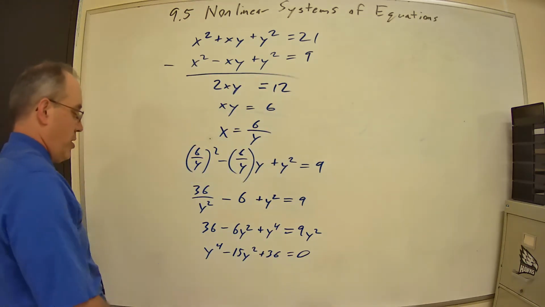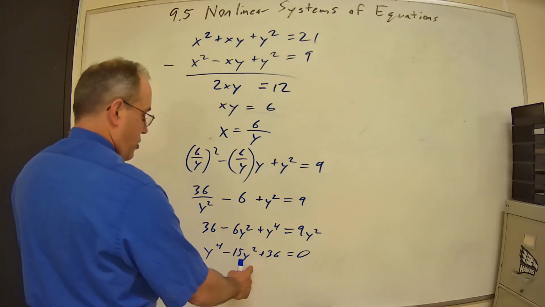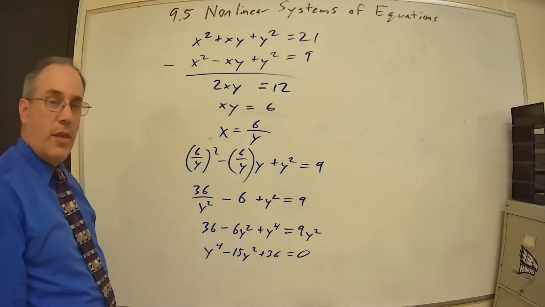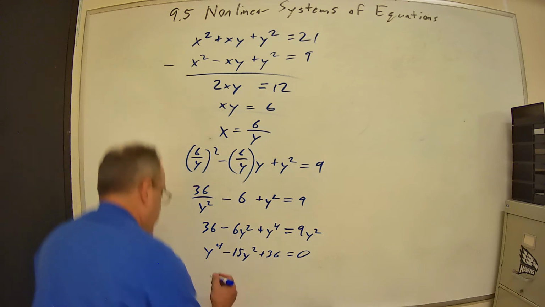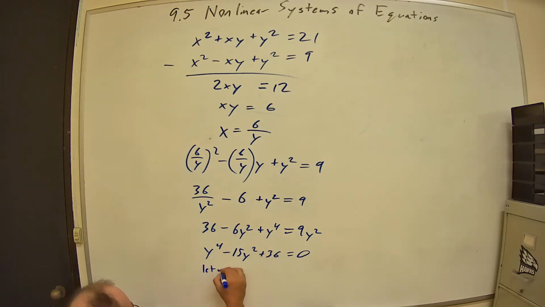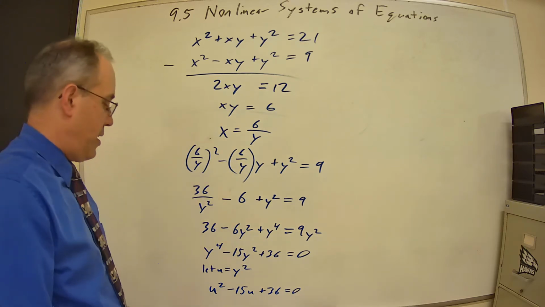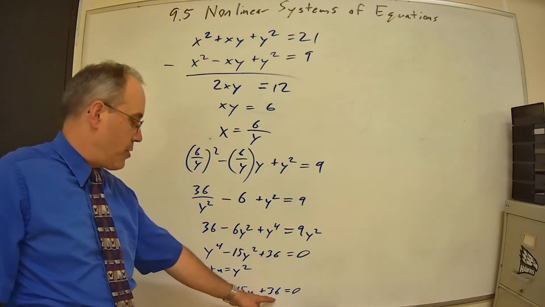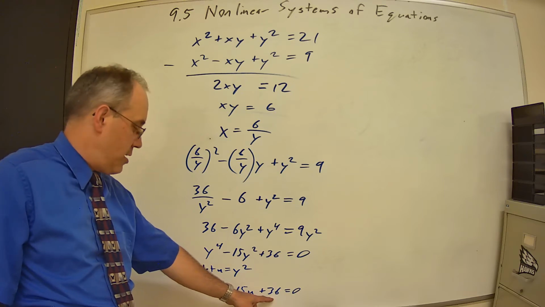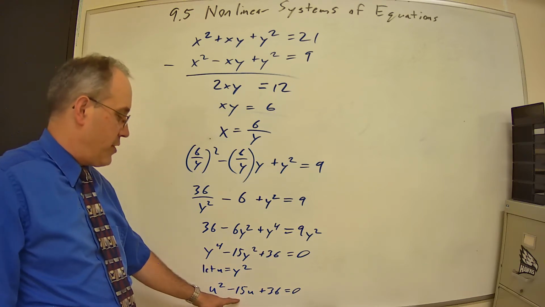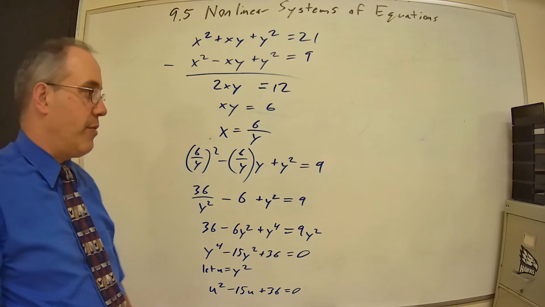But secondly, I notice that I've got y to the 4th, y squared, y to the 0, which means I can substitute and I say let u equal y squared. So now I have u squared minus 15u plus 36 is equal to 0. And if I do that, I see that I can look at this and say two numbers that multiply to 36 and add to negative 15, negative 12 and negative 3.